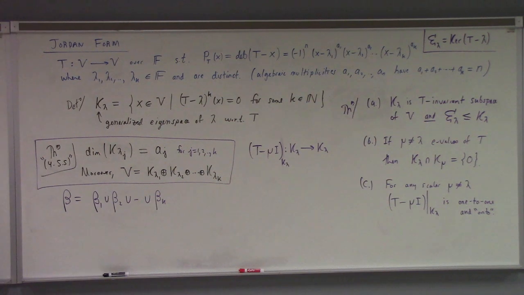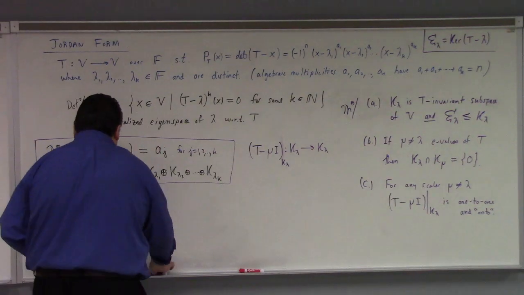But before I get to that, in terms of the language on the board, can you describe for me, in terms of the generalized eigenspace K lambda and the eigenspace E lambda, what would it mean to say that our transformation is diagonalizable? How would that play out?